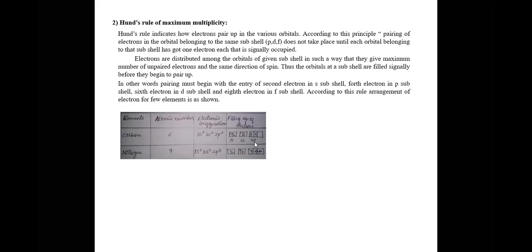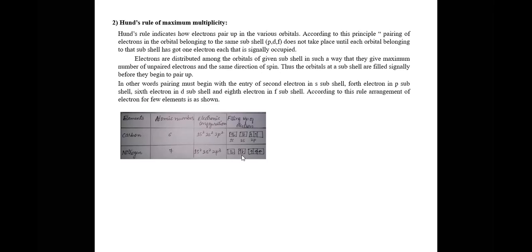Here no pairing occurs in the 2p orbital. Whereas for nitrogen, we have the electronic configuration 1s2, 2s2 and 2p3. Here again in the s orbital, we have 2 electrons. First we fill the orbital with 1 electron. Once the orbital is singly occupied, we start pairing, so we fill it with another electron.